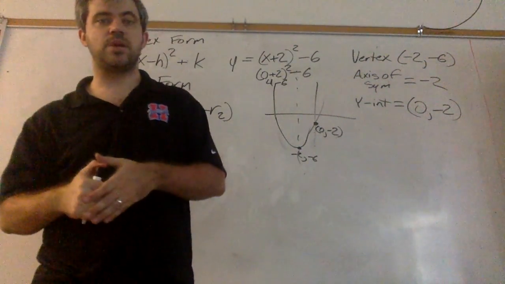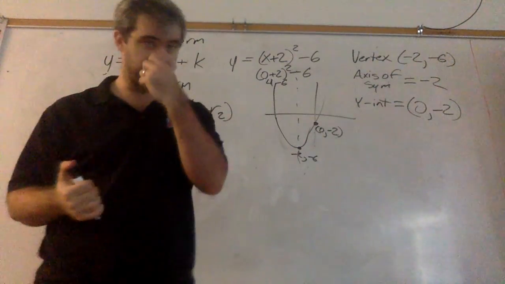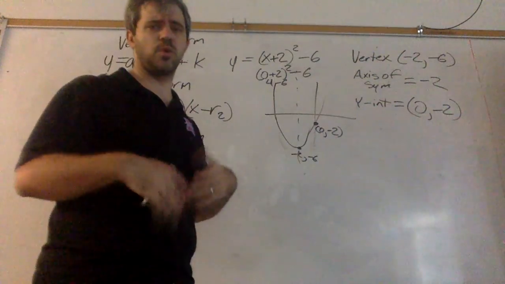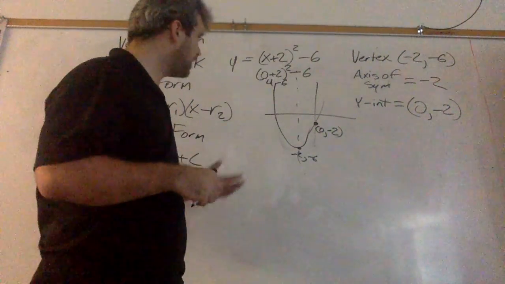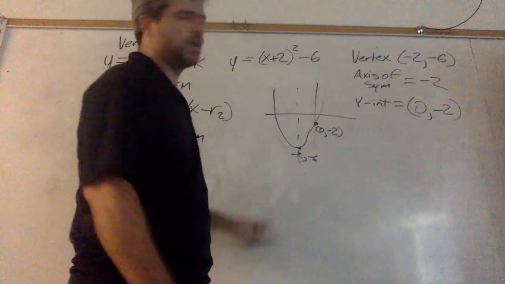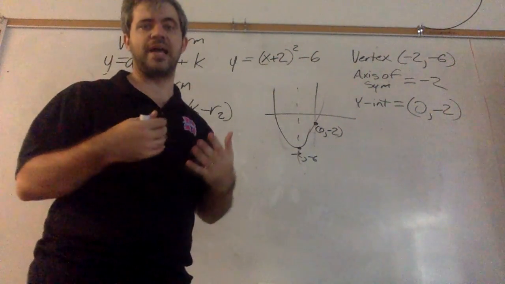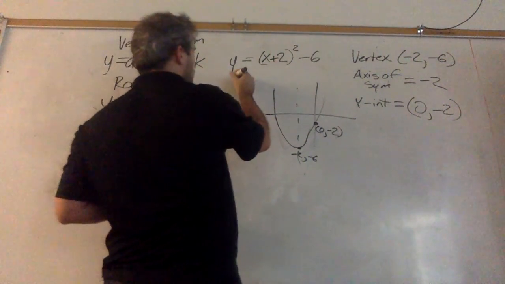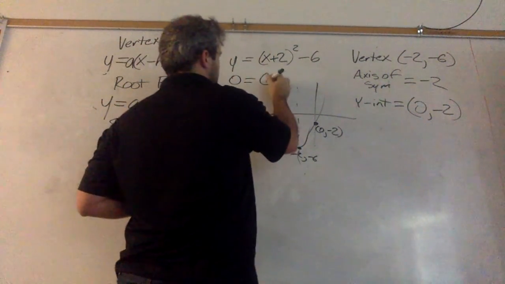Now all we need to do is find our roots, our x-intercepts. We could FOIL this out and do the quadratic formula, all that, but you'll notice it's already in a very nice form to solve by the square root method. Because remember, all we're doing is setting y equal to 0 and solving.